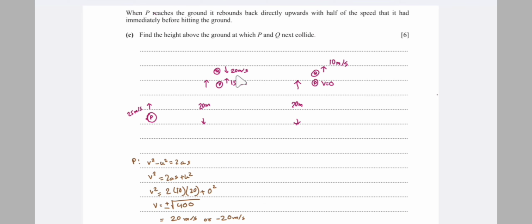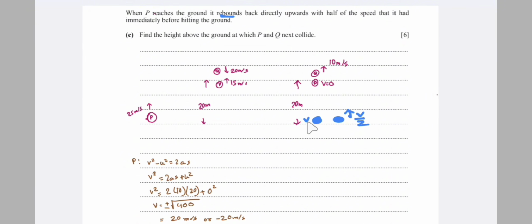Now as the collision between P and Q occurs, P comes to momentary rest or instantaneous rest, and Q is moving upward with 10 meter per second. Now as P comes to rest, then again P moves downward, and when it reaches the ground, it has a speed of V. Now as P rebounds, it has a speed of V by 2.